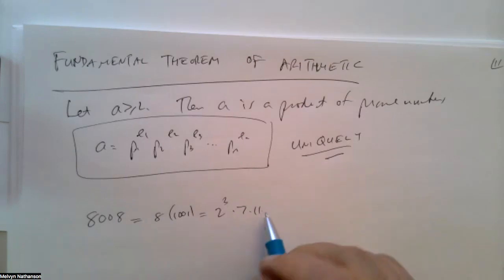Yeah, I think it's 7, 11, 13. So this is a product of powers of primes.